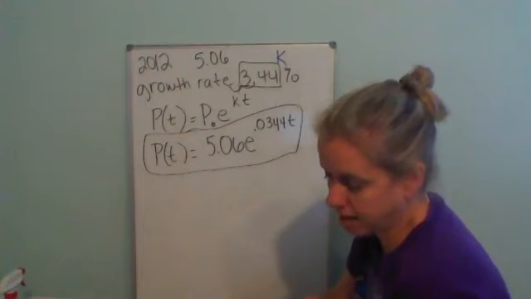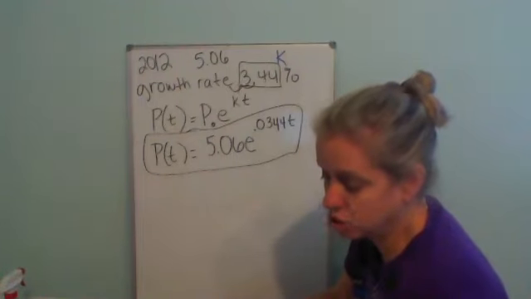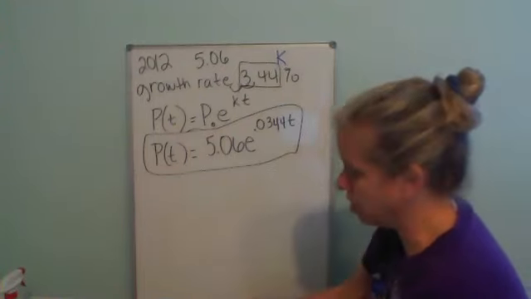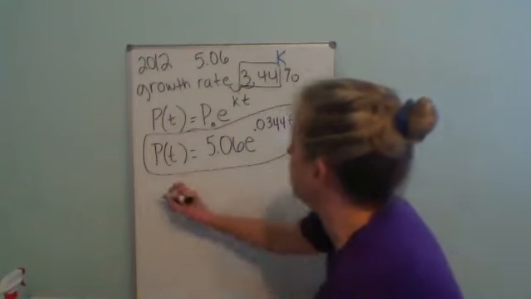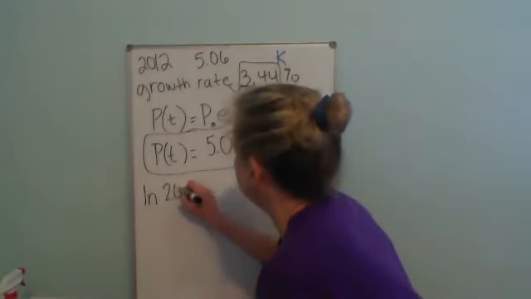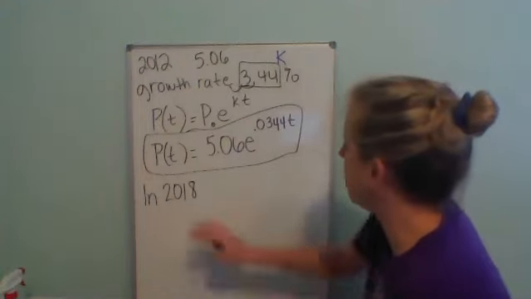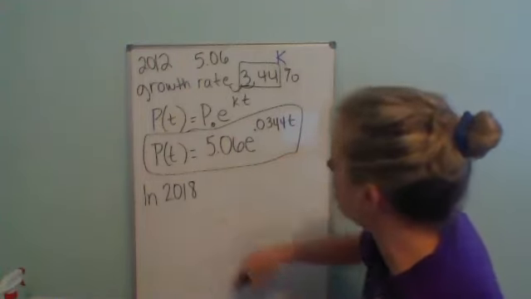The B part says the population of the city in 2018 is blank million. So let's think about that. What would be the population following this model?